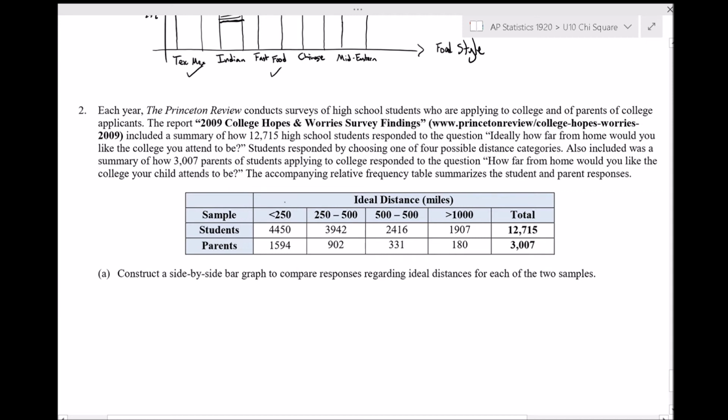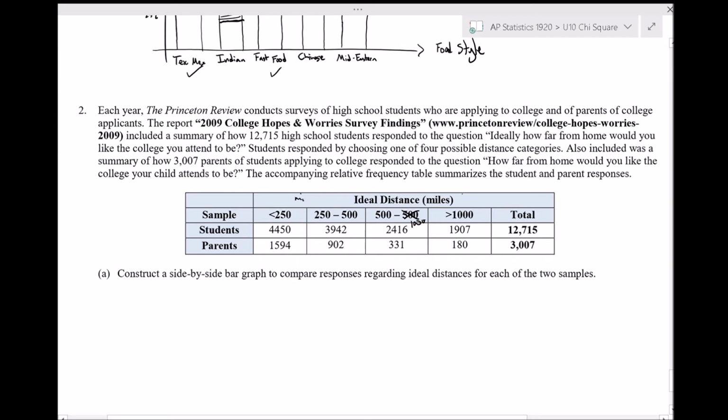So we have less than 250, and this is a miles measurement. Between 250 and 500, between 500 and 1,000, and then greater than 1,000. So less than 250, between 250 and 500, between 500 and 1,000, and then greater than 1,000.